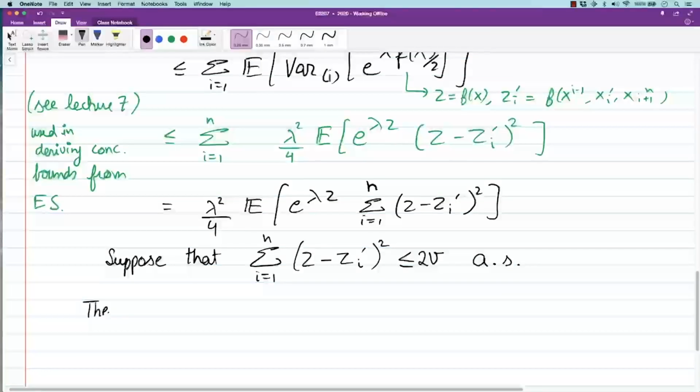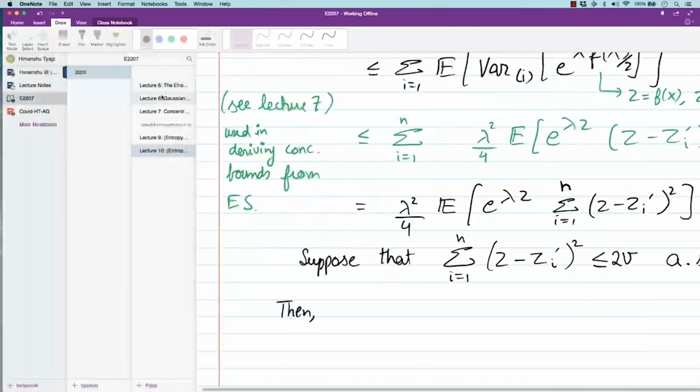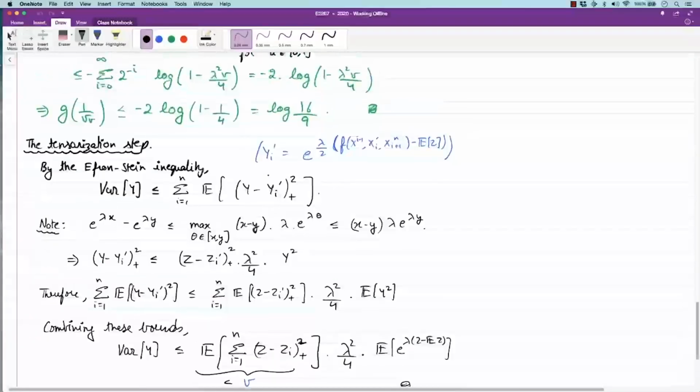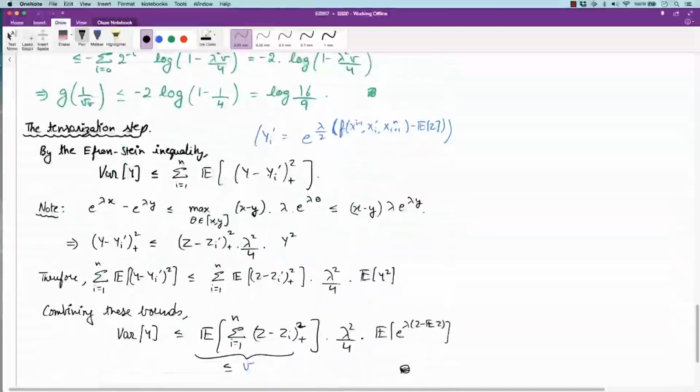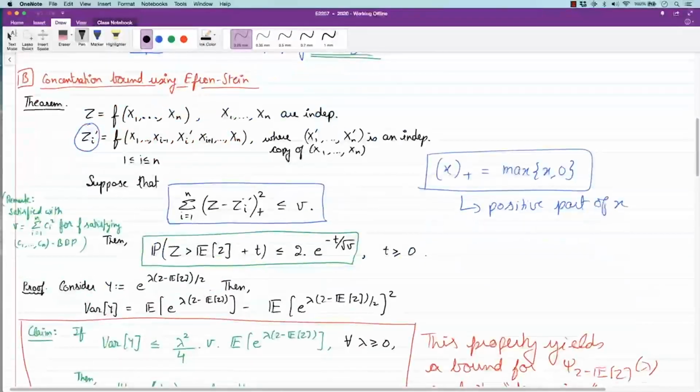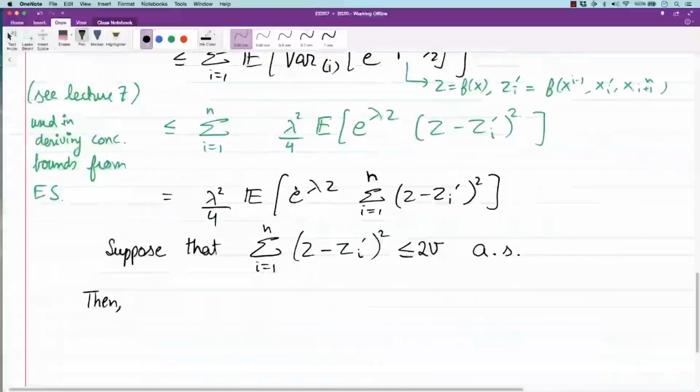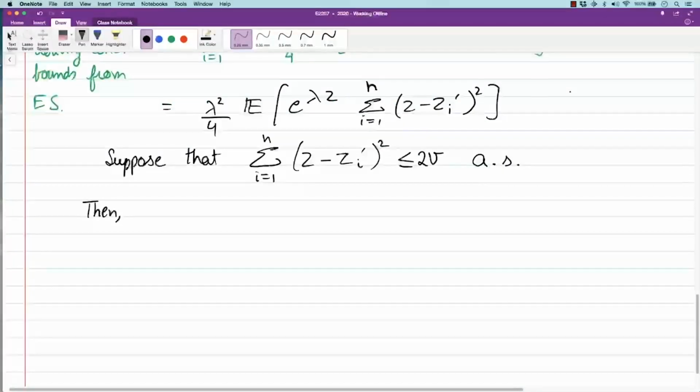That is what we also had in the earlier bound, so just to refresh your memory, you can go back and check. We were deriving this kind of concentration bound. Now we don't have this plus sign, so from symmetry that gives 2V. So this is less than 2V, and we got this kind of bound. Now we'll see that this bound gets improved using the entropy method. Suppose this is true; this is our assumption.